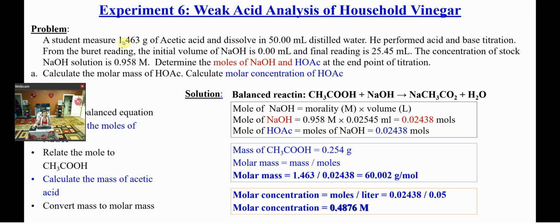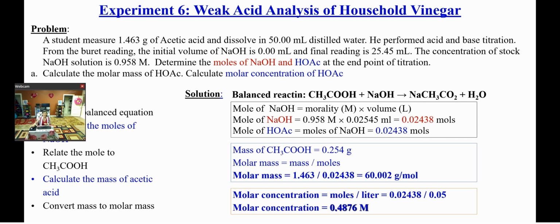Then from the burette reading, you are going to set the initial volume of your standard solution, sodium hydroxide, at 0.00 milliliters. And then you perform the titration. The final reading, you read it by yourself.